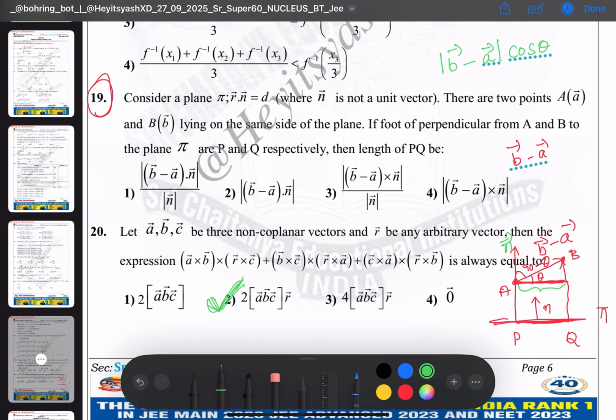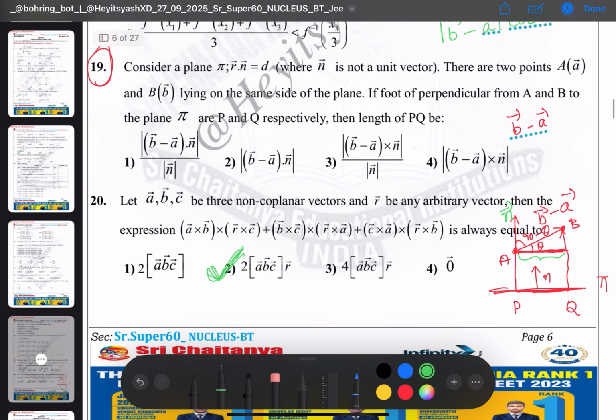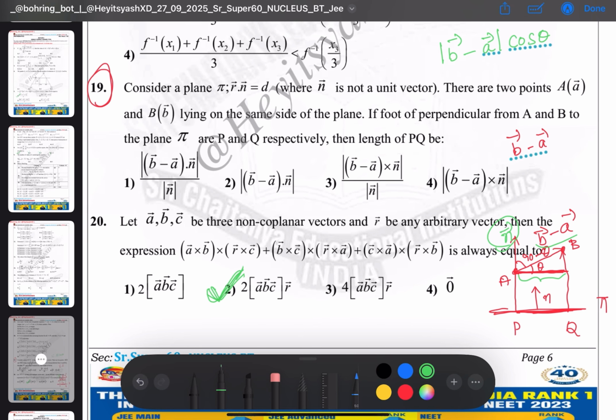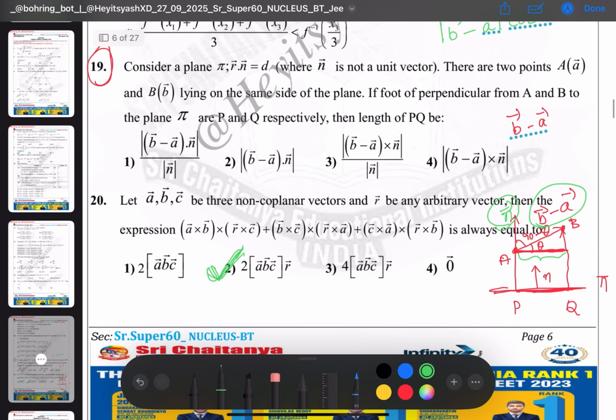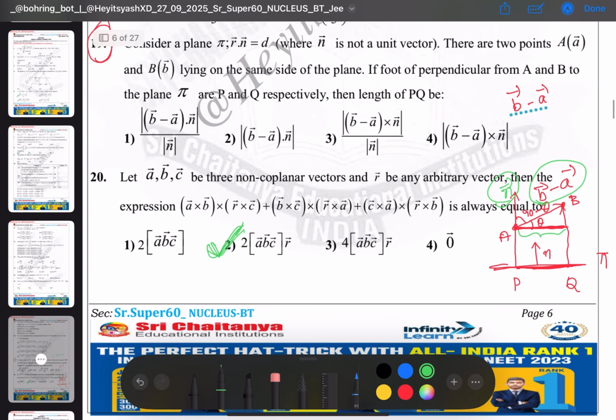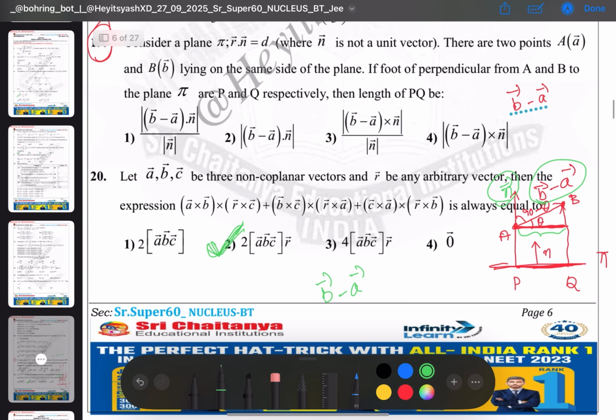If you take the cross product between this normal vector and this vector, B bar minus A bar cross N bar gives you mod B bar minus A bar, mod N bar times, so this is the angle between these two vectors, sine of 90 minus theta. So that will be simply cos theta. You can find out cos theta from here.